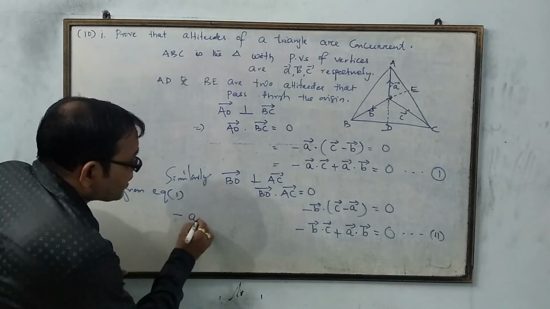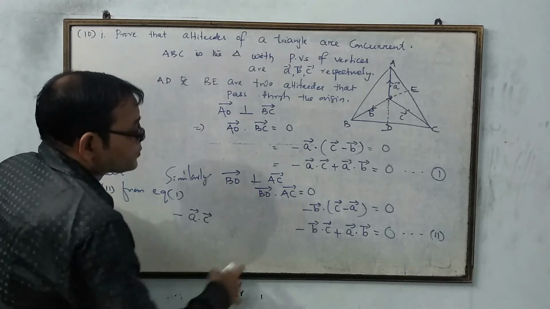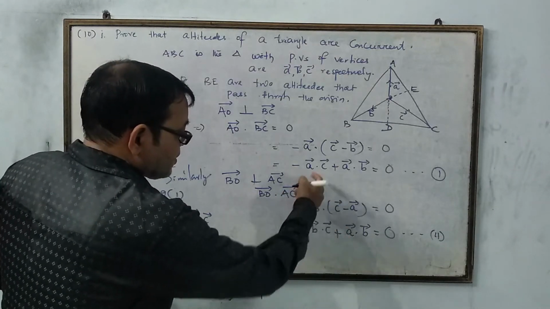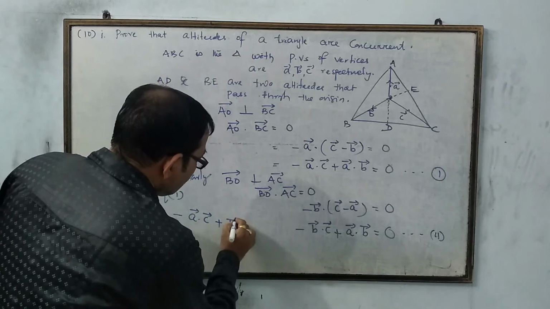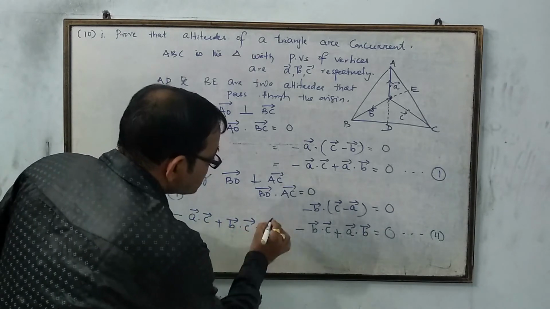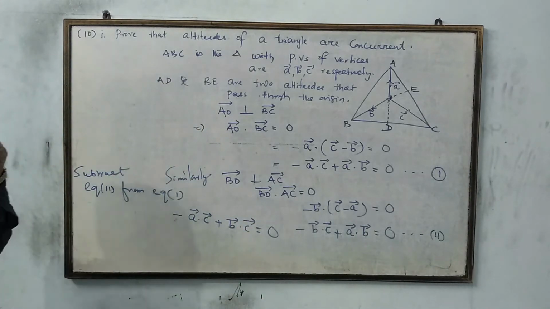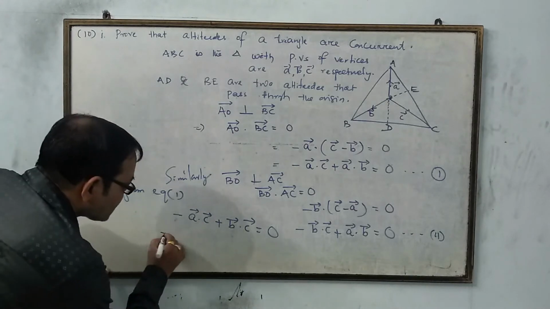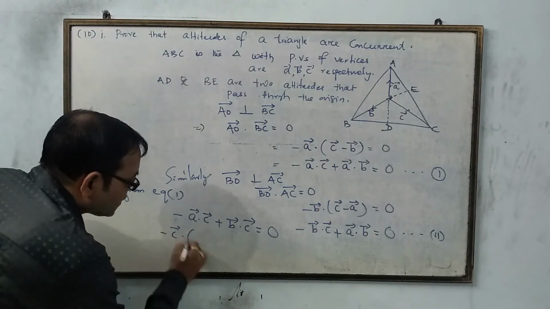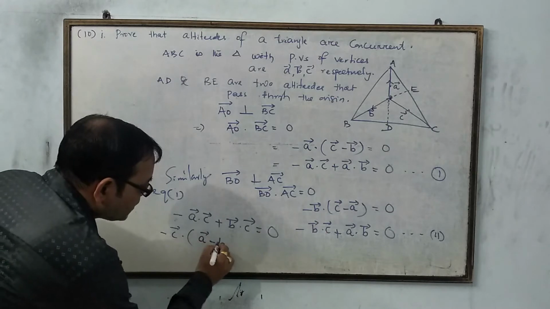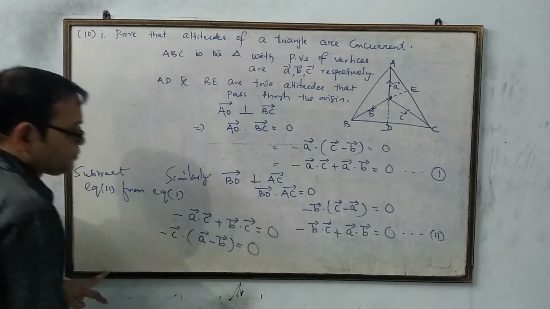This becomes minus A dot C plus B dot C is equal to 0. So I can write minus C dot (A minus B) is equal to 0.